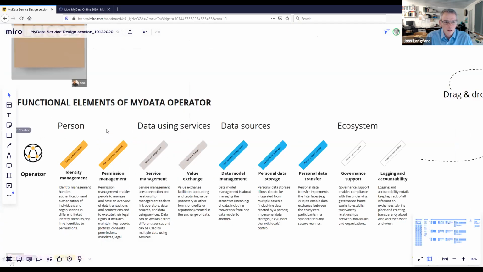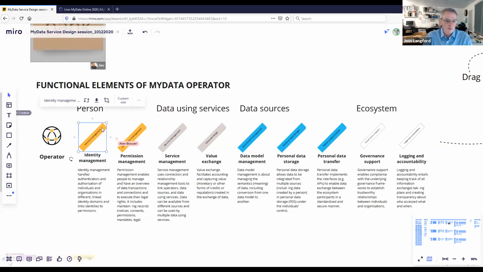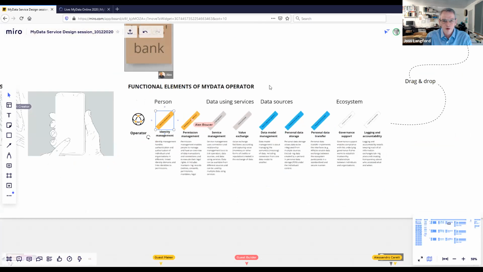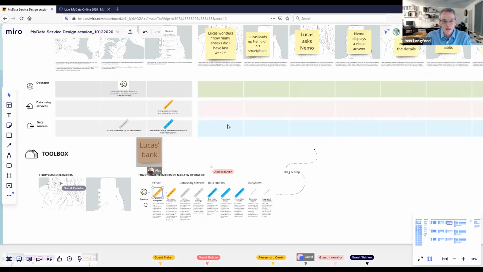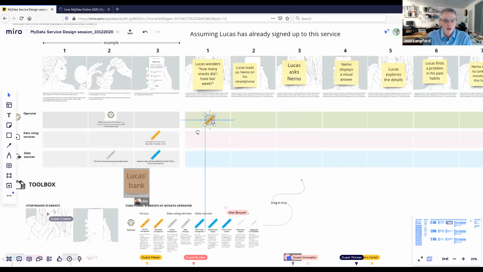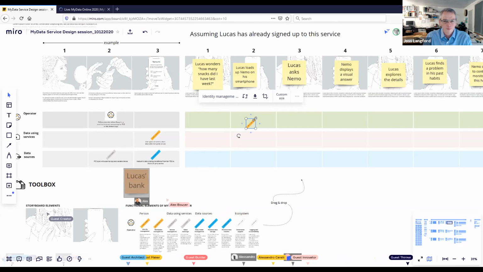For example, when Lucas loads up his app, what's probably actually happening is that he's going to use his fingerprint on the app, and we're going to assume that he's using his phone, and we're not going to check that. But there will be some sort of identity process that goes on to make sure that Lucas is using his phone.